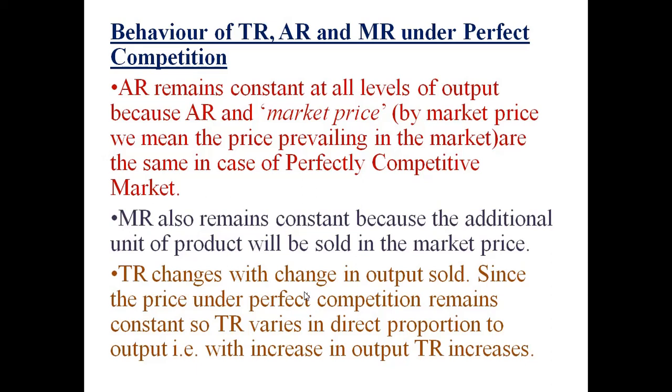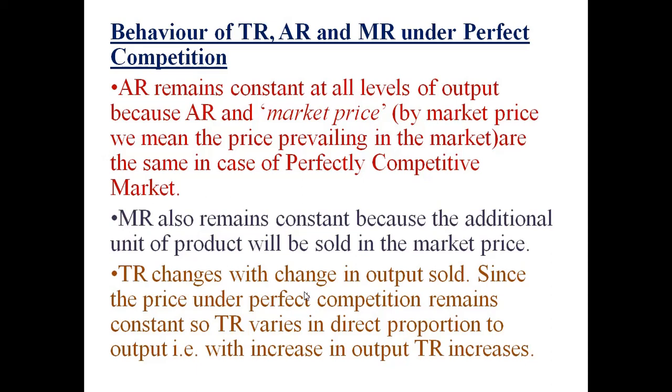So basically, perfect competition is that situation. Always remember that there is one price prevailing in the market. The price of all the sellers will be the same. Why will the price be the same? Because the goods sold are also homogeneous in nature.